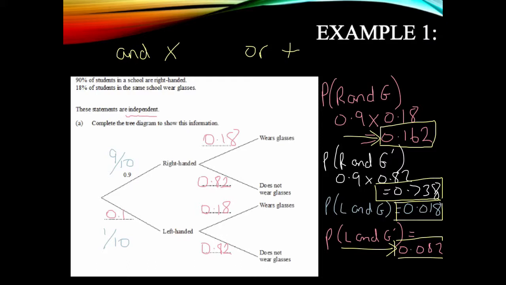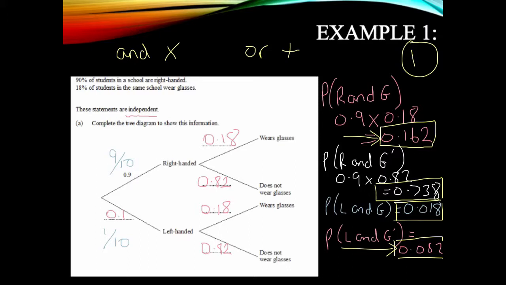If you add all these probabilities up, you get to 1. That's because there's nothing else. It's certain that it's going to be one of those four, there's nothing else that it could be.